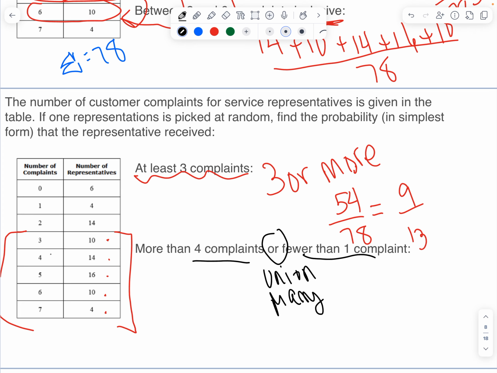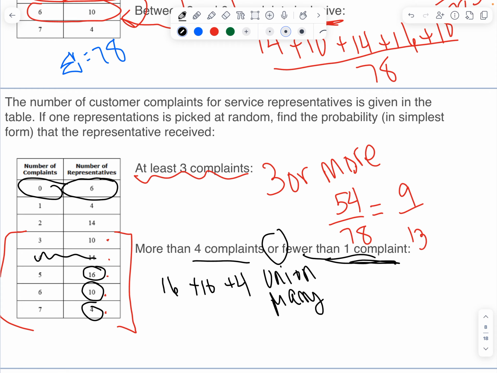All right, so more than 4 would be 16 and 10 and 4. So this is not including 4. This is more than 4, so we don't want to include that. And so we want to add 16 plus 10 plus 4, and we're going to marry that to fewer than 1 complaint. Well, the only fewer than 1 complaint would be 0 complaints.